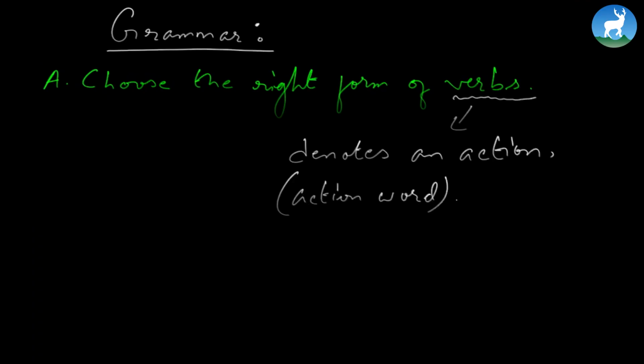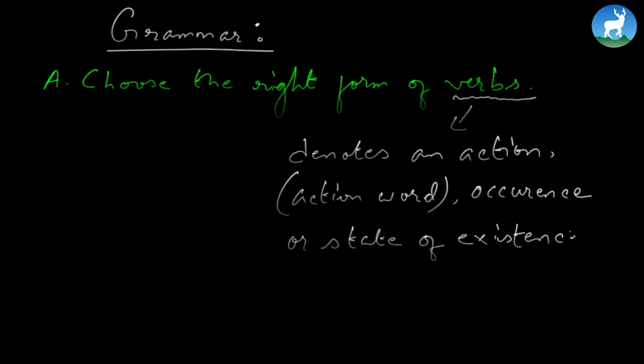Maybe it's talking about an occurrence or a state of existence. In simple words, any word that denotes an action, we call a verb. So from the verbs given, we have to choose the right form of verbs.